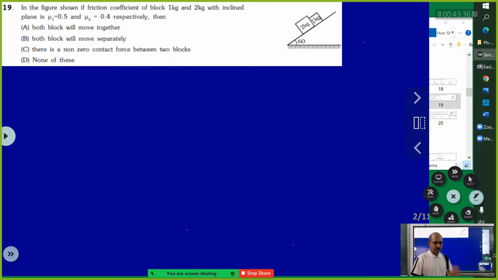What happens step by step you see in this problem. Understand the nature of the motion here. Understand the nature of the motion.